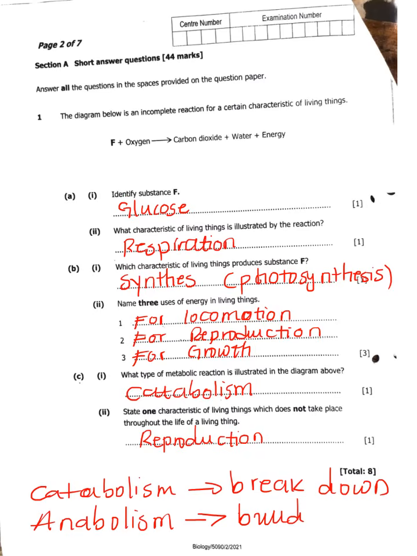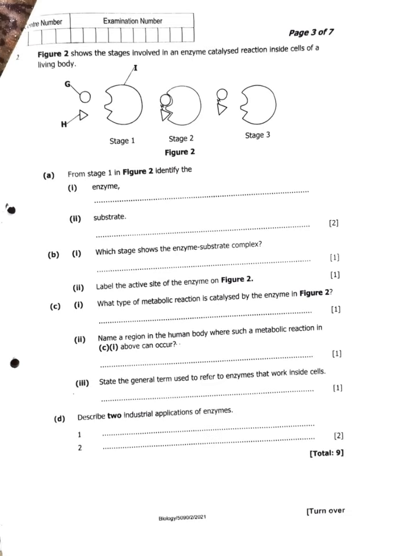Okay, now let's move on to question 2. Figure 2 shows the stages involved in an enzyme catalyzed reaction inside cells of a living body. Now let's study this. We have the first stage 1, where we have two substances.